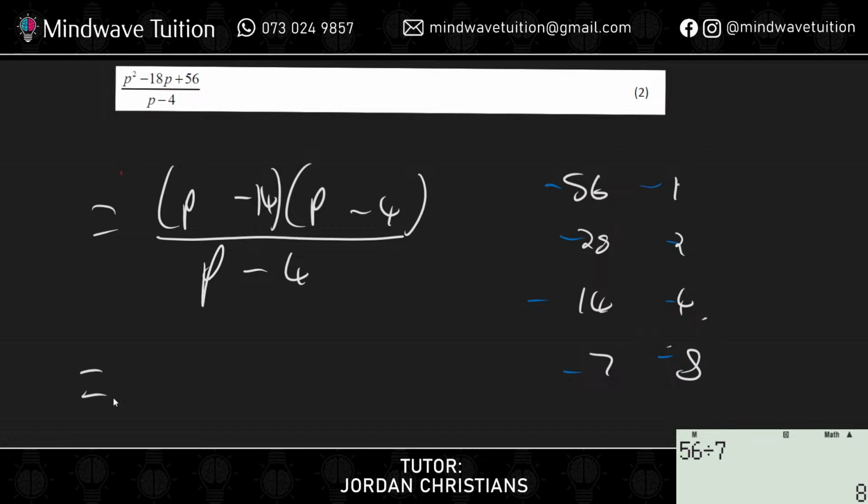I'm not saying that it's always going to be that way, because it could appear in the second fraction when we start doing more than one fraction at a time, but that is what you want to try and use to help you get the correct answer. So p minus 4 will cancel out with p minus 4, giving me the final answer of p minus 14.